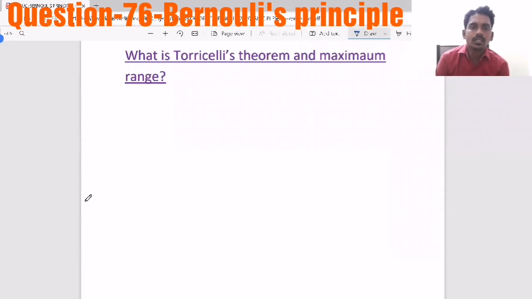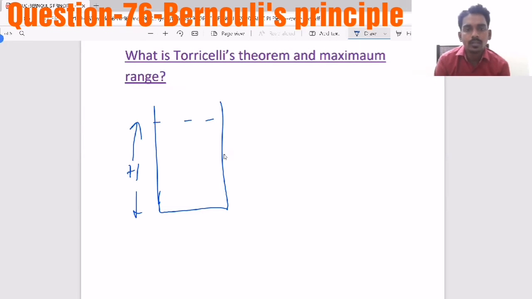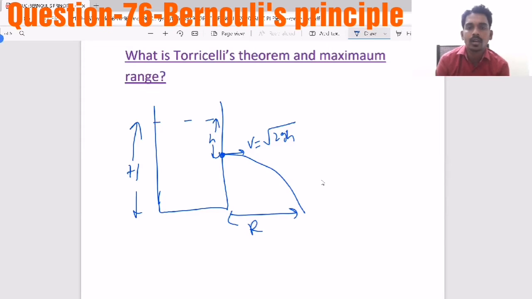Now, suppose there is an open container having liquid at a height H. When you make a hole at a depth h from the top surface, then the liquid will come out with a speed root 2gh and it will hit the ground at a distance R. Then the range equals v into time.